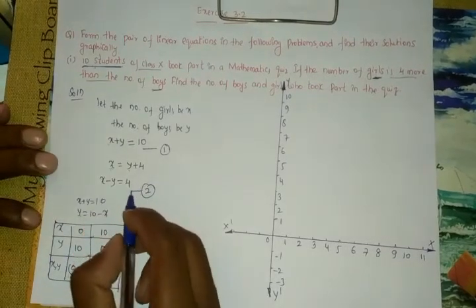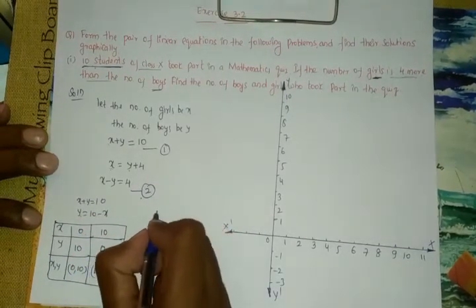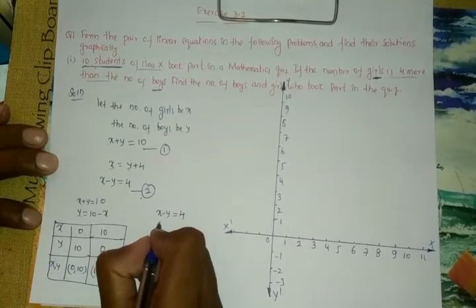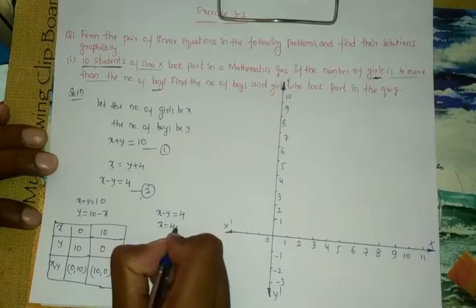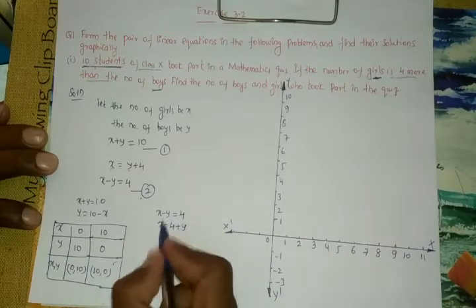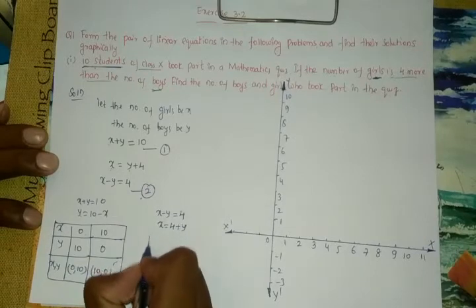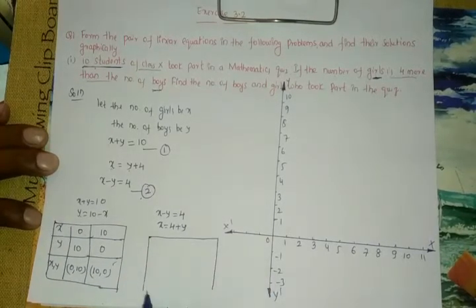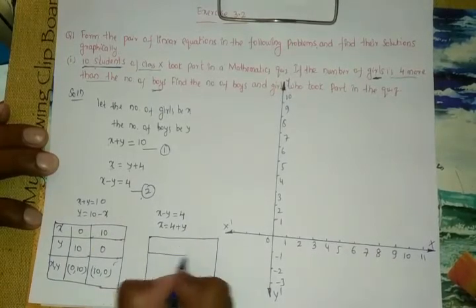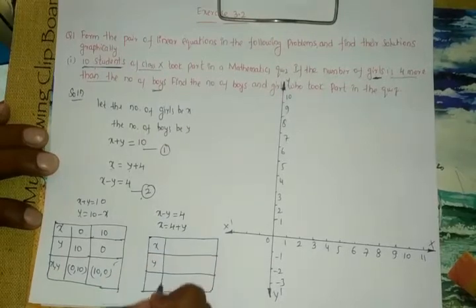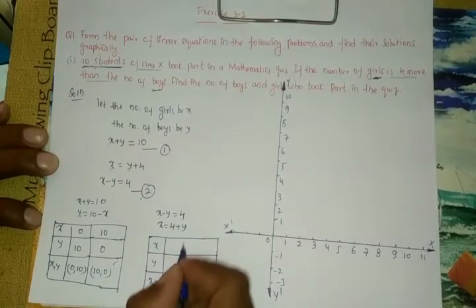Now I will take equation 2. Equation 2 is x minus y equals 4, or x equals 4 plus y. In any way you can do it. So I will draw a table which contains x, y, x comma y.